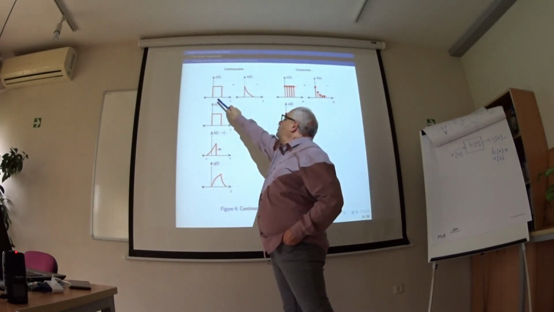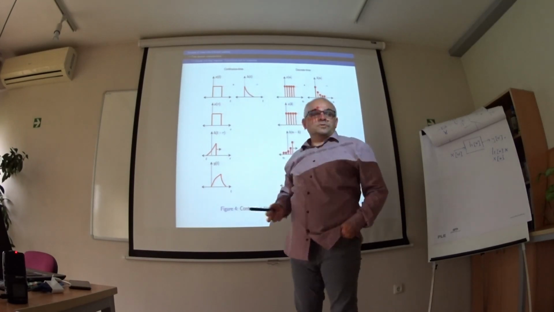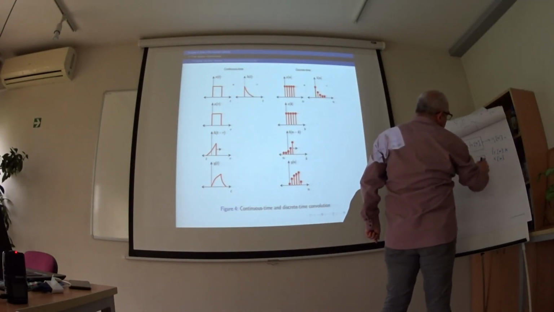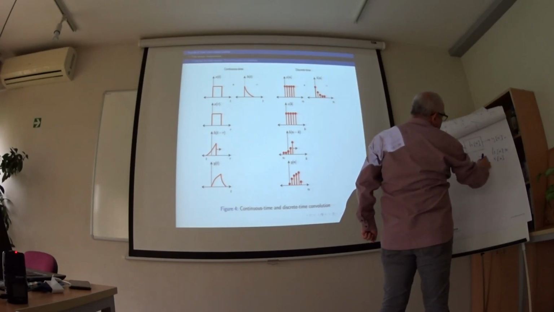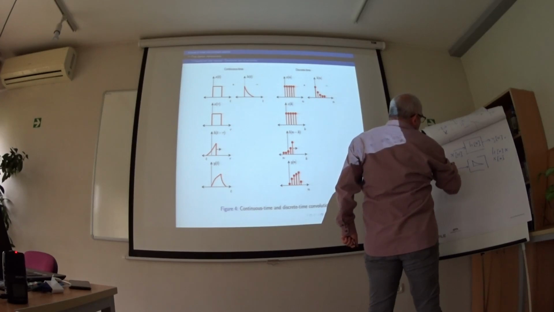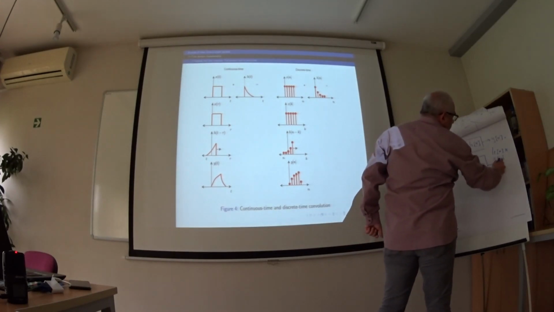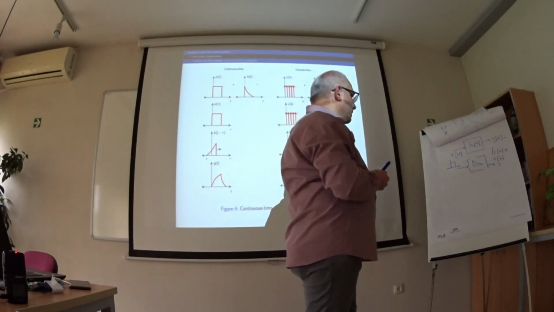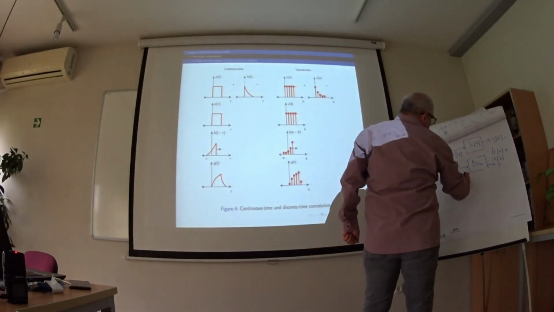This is our input signal, this is the impulse response. This is our system. It has an impulse response that is exponential. We apply a rectangular pulse at the input. We want to know the output. Convolution is the following.